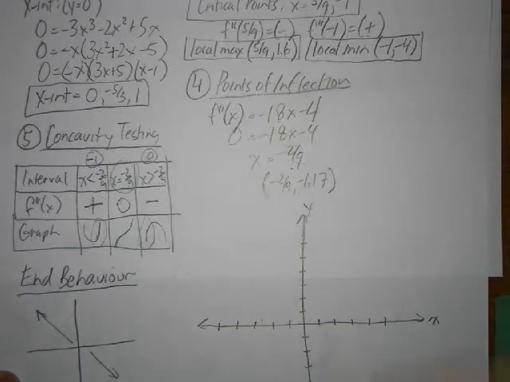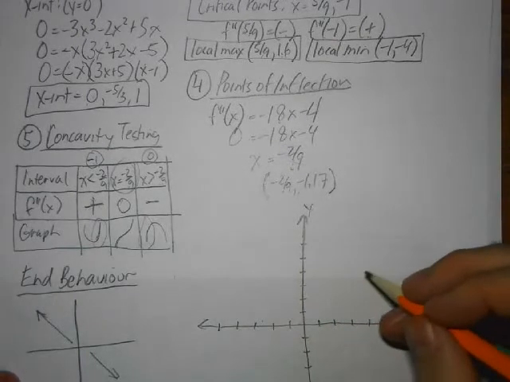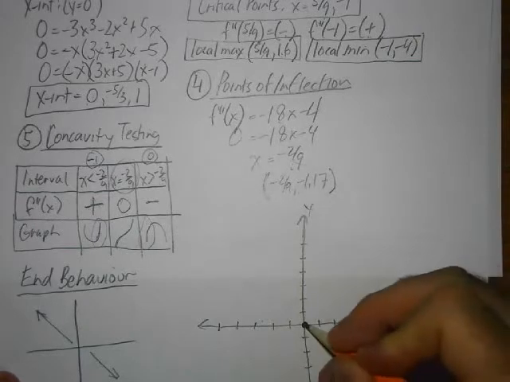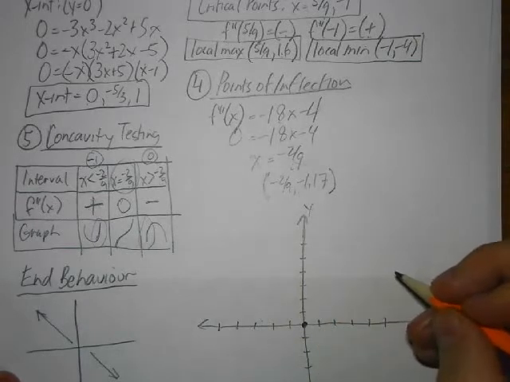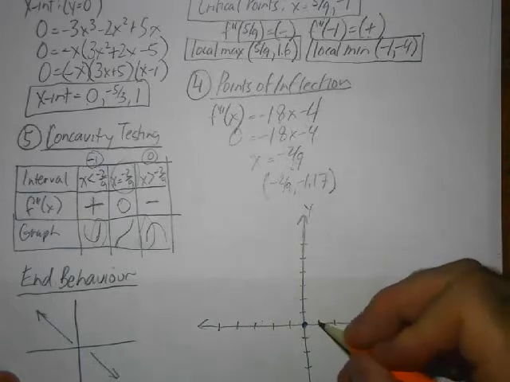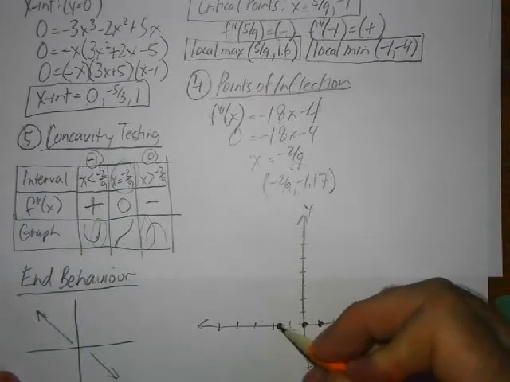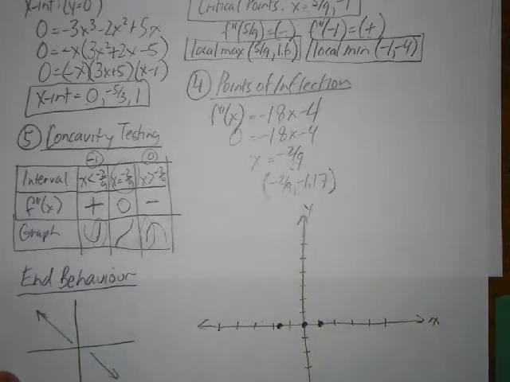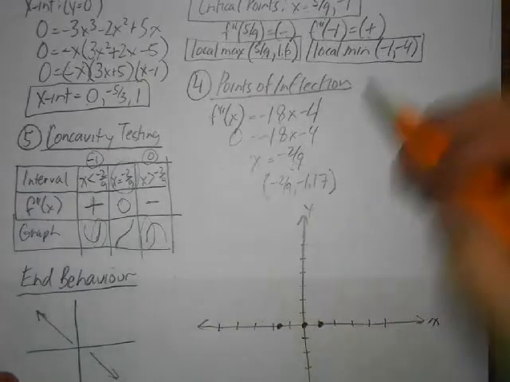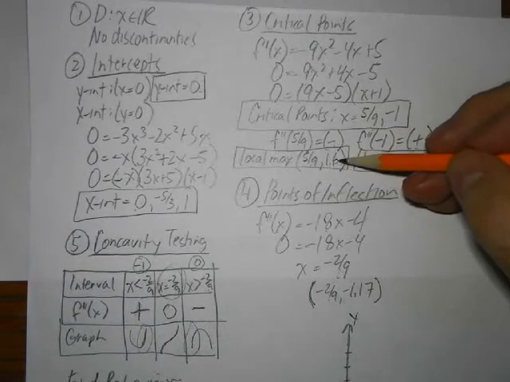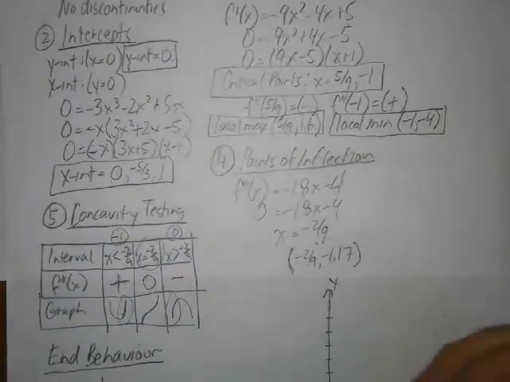Okay, so first thing I'll do is put my intercepts. So I have an x and y intercept there. I've also got an x-intercept at 1, and negative 5/3 would be about there. Now if I go back to my critical points, I've got a local max at 5/9 and 1.6.